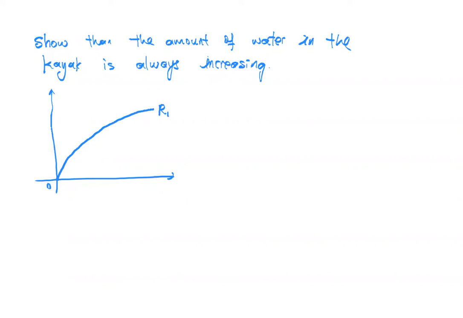So R2 go like that. At first it's slow. Then after that it go like that. This is your R2, correct? Okay. So my question is wrong. It's not always increasing. Am I right? So show that the amount of water in the kayak is always increasing. So you tell the teacher your question is wrong.